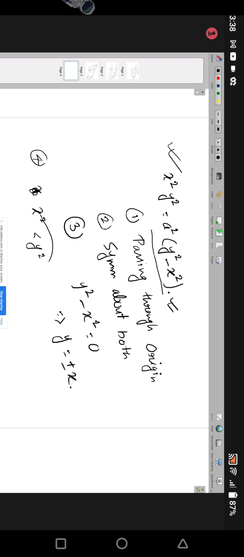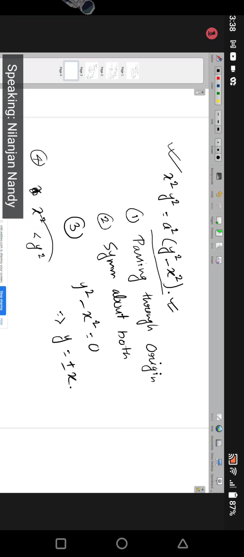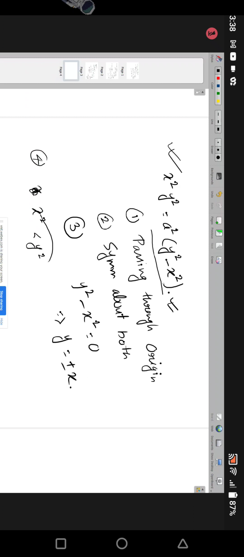So what is the idea for checking the region? You have to ensure that within the region, all the values of the curve are real. So if x square is less than y square, then what is happening?